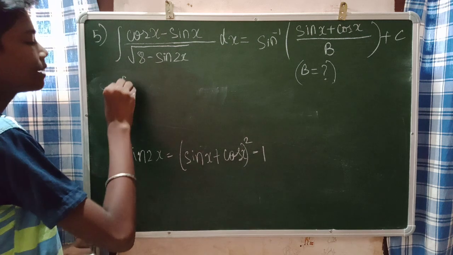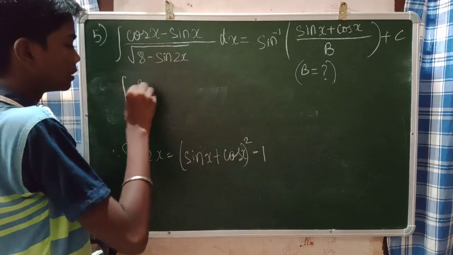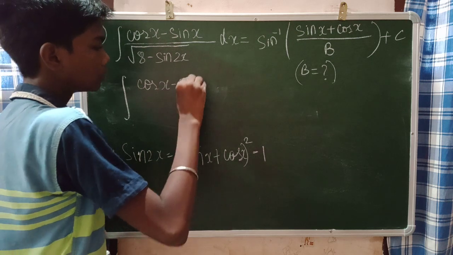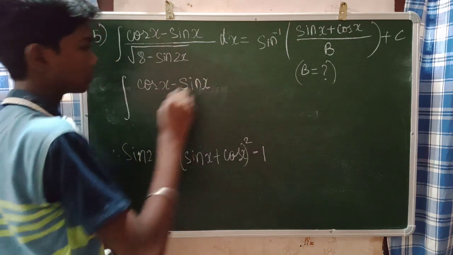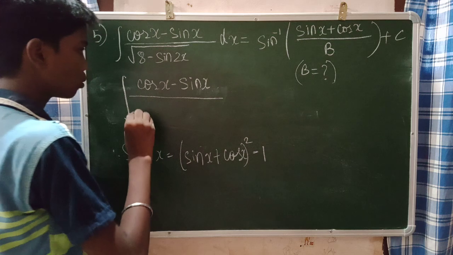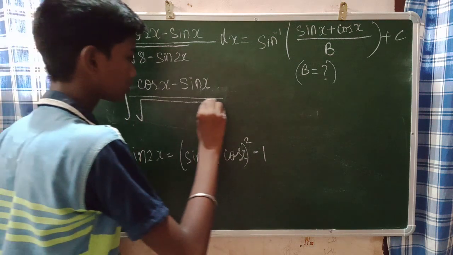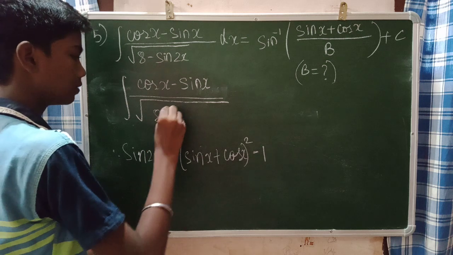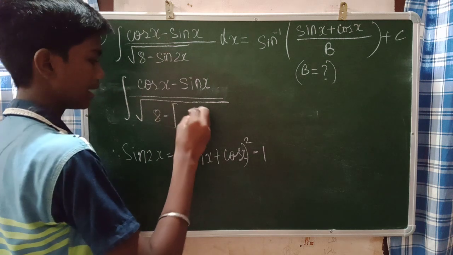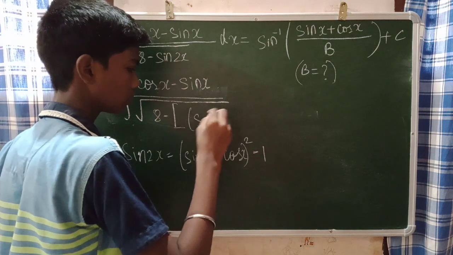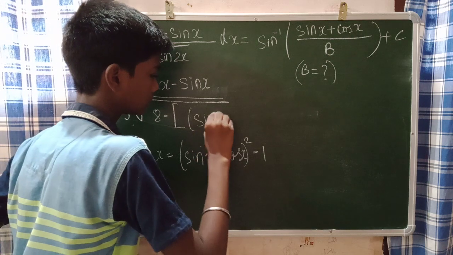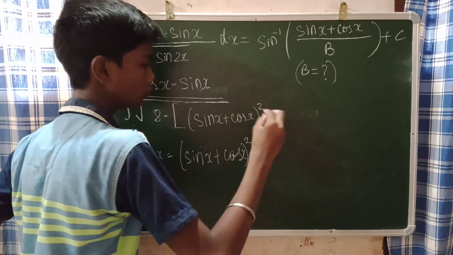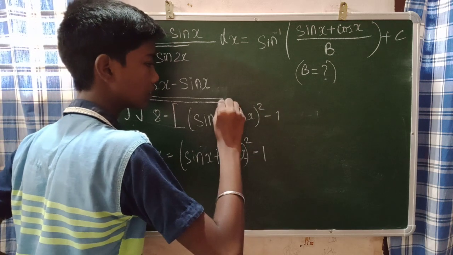When I do like that, I will get the same integral as cos x minus sin x divided by root of 8 minus ((sin x plus cos x) whole square minus 1).